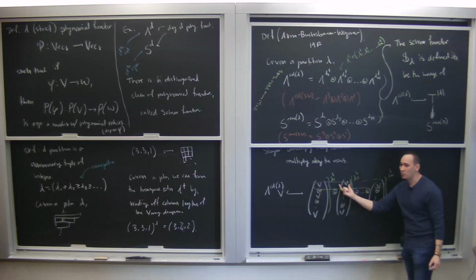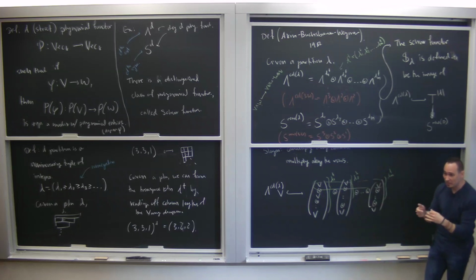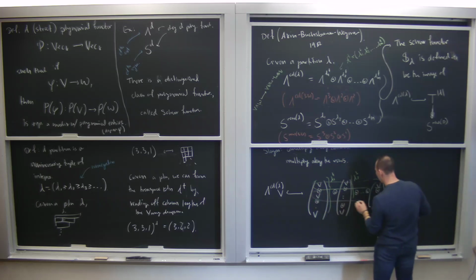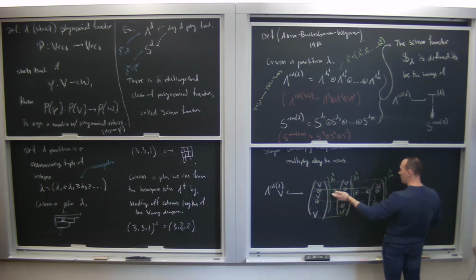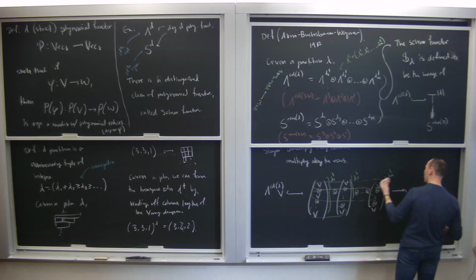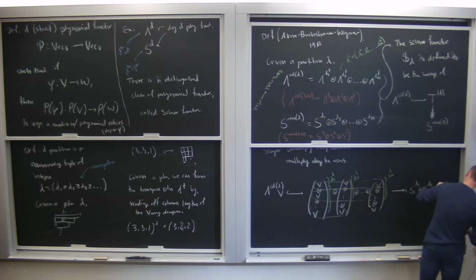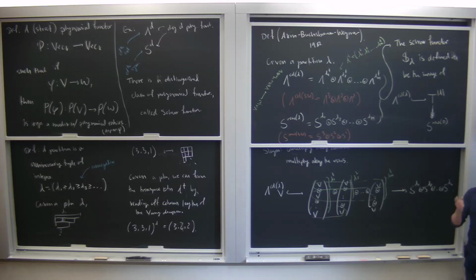So I do the symmetric algebra multiplication along the rows instead, all right? So I recombine these along the rows, and since in each row, by definition, I have lambda 1 many terms and lambda 2 many, and so on and so forth, each of these has a natural surjection. Each tensor component surjects onto S lambda 1, tensor with S lambda 2, and so on and so forth. All right. And so the Schur functor S lambda, yeah.